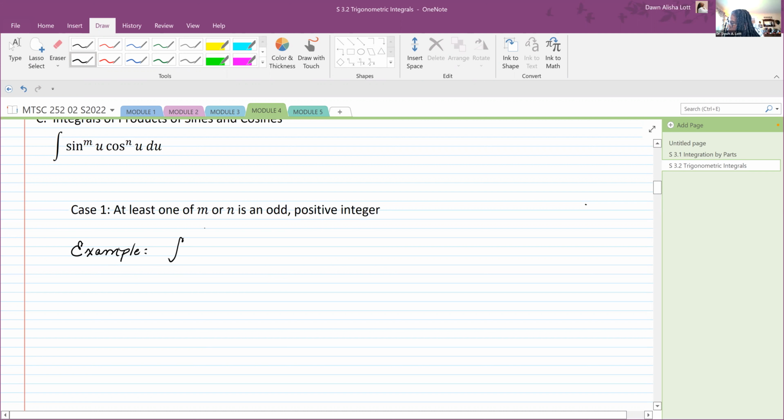This case, you may have something that looks like, for example, the integral of sine 4x cosine cubed x dx. Okay, so as you can see, the cosine cubed, that's odd. So you want to pull that off. So I'm going to get the integral of the sine to the 4th of x, the cosine squared of x, and then the cosine of x dx.